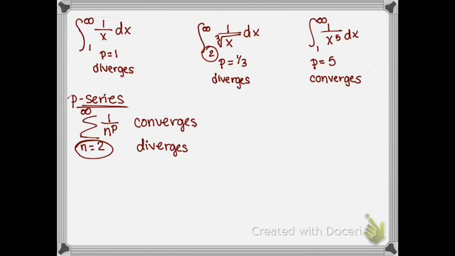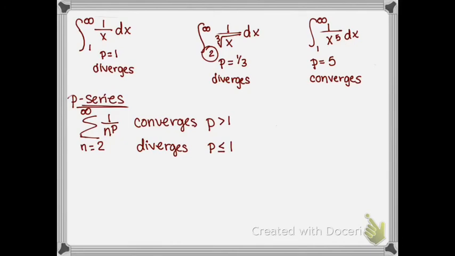What determines convergence is what happens when we move out toward infinity. So it doesn't matter if we start with n equals 6, n equals 1, n equals 2. This is either going to converge or diverge based on the value of p. So this is what our series looks like for a p-series test. And again, it's going to converge when p is greater than 1. It's going to diverge when p is less than or equal to 1, similar to the improper integrals.